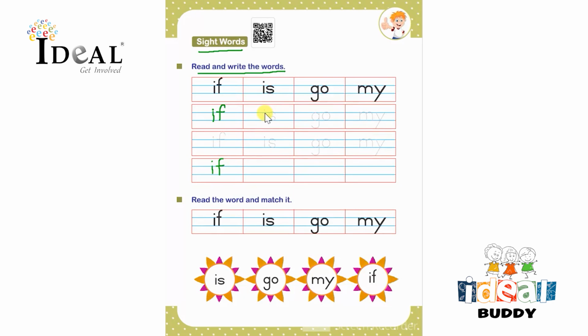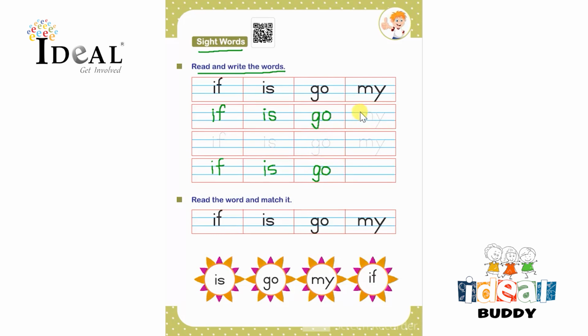The next sight word is is, I-S, is. And again they have to trace it over here and then write is over here. The next is go, G-O, go. So they will be tracing it twice and then they have to write it in the space given below.